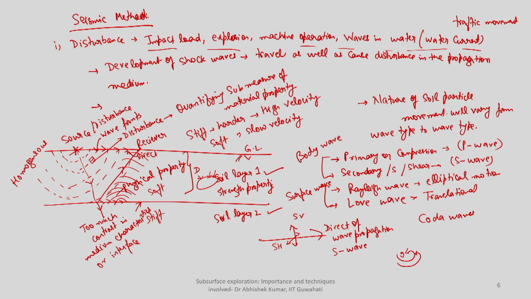Whenever we are interested in a seismic method, we are inducing some kind of vibration, and depending upon what kind of disturbance it creates, we record those disturbances, and depending upon the time of arrival of those disturbances at your receiver end, you will be able to interpret the physical property of the medium.